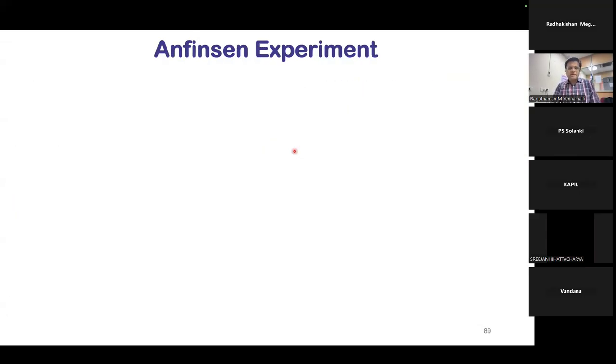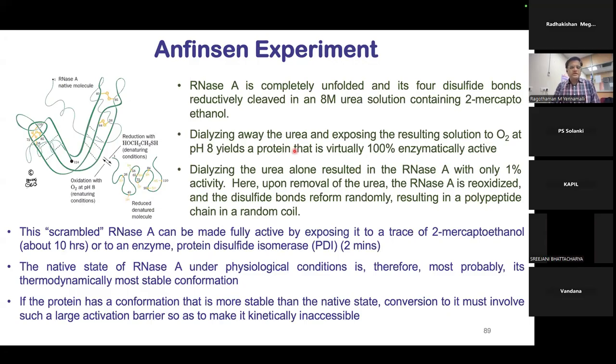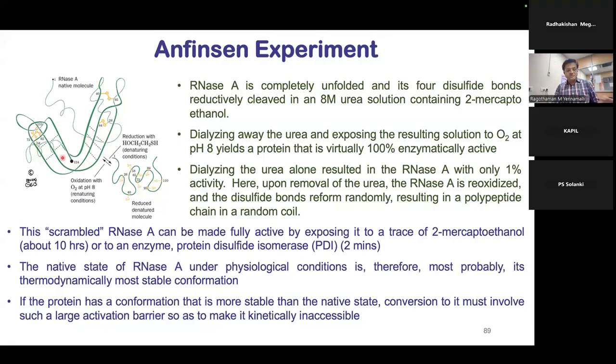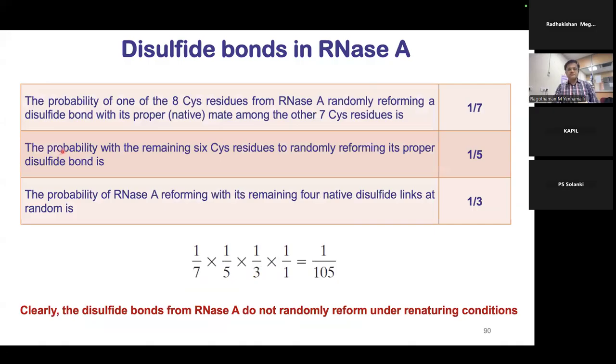Now, what Anfinsen did was he denatured it, and then after reducing it to a denatured molecule, he oxidized it and started identifying, among the four disulfide bonds, which disulfide bonds are formed first, the second, and so on. He also did studies where, if he did not make a particular disulfide available, what happens to the sequence of disulfide bond formation.